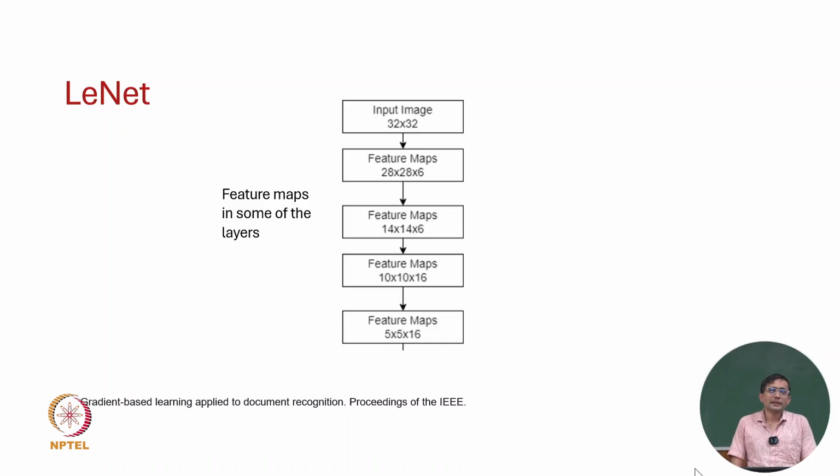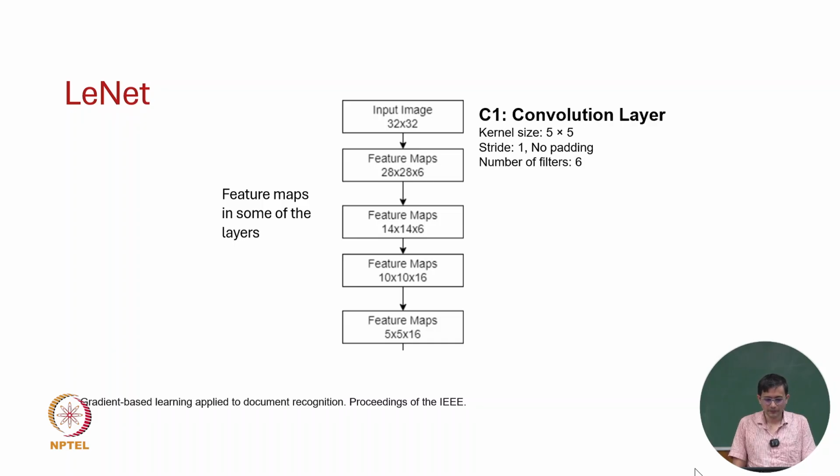So how is this happening? Let us try to understand this a bit better. The first progression from the input image to the first feature maps is happening with a convolution layer using kernel size 5 cross 5, stride 1. It's not using any padding, and the number of filters used is 6.